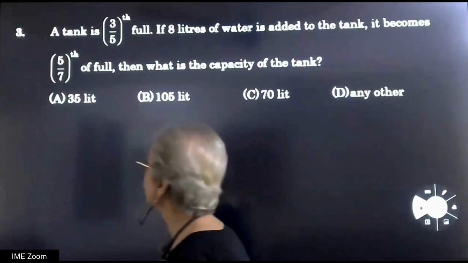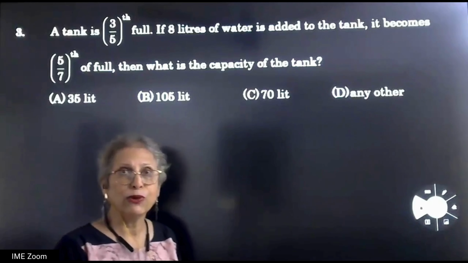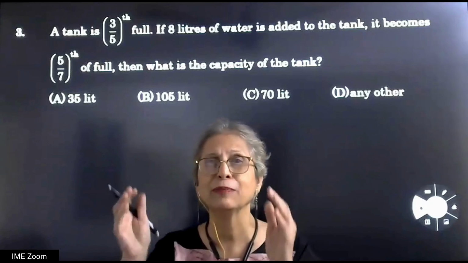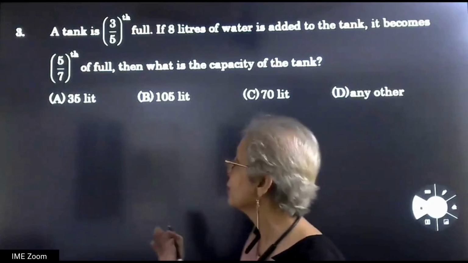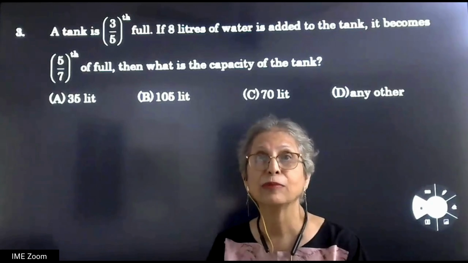Look here now. A tank is 3/5 full, but we don't know what is full. Full means completely filled, right? And we don't know how much it is, what its capacity is, how many liters.